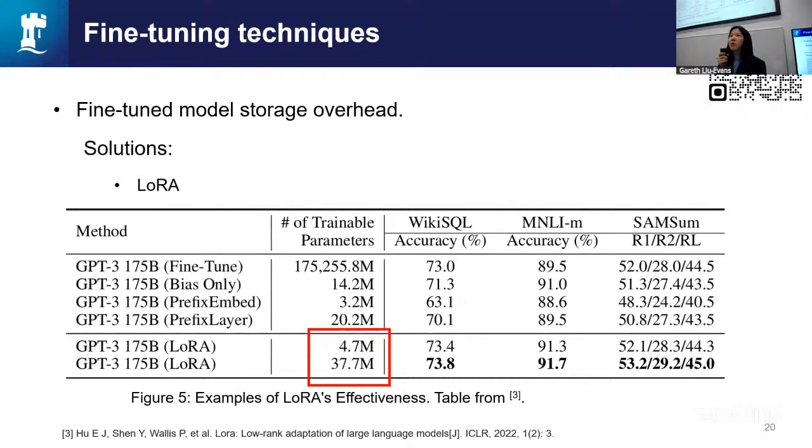When we train a model, we need to store the model. But with LoRA, compared to full fine-tuning with over 100 billion parameters, we only need to save about 4.7 million parameters. So the stored model is very small.